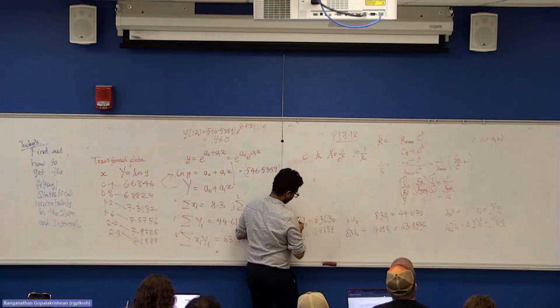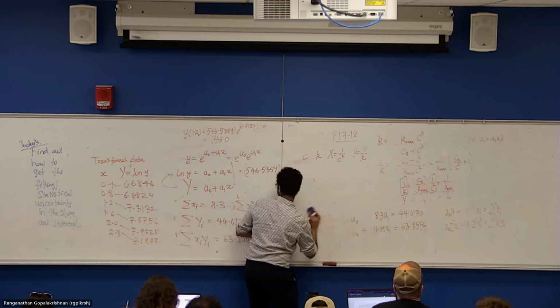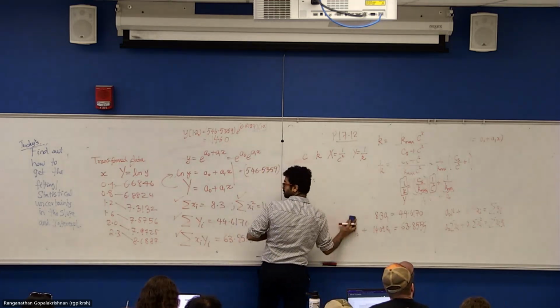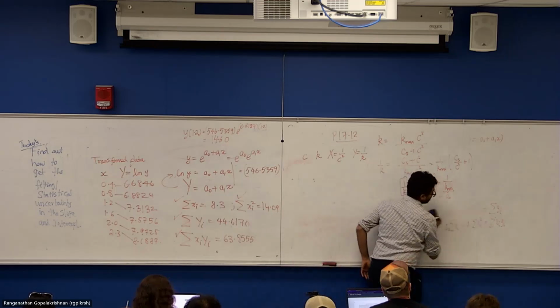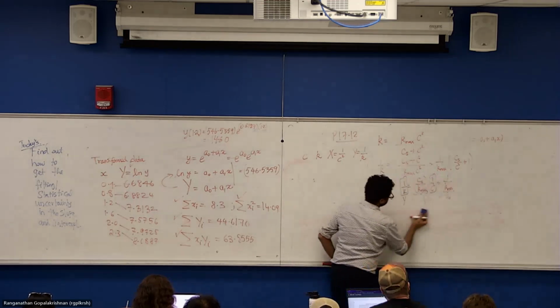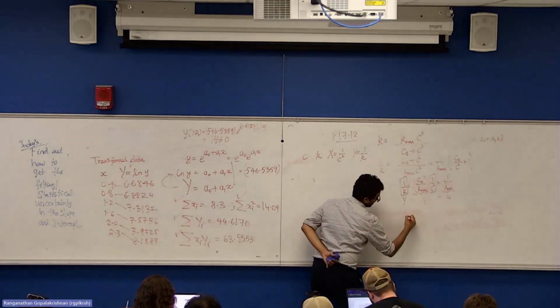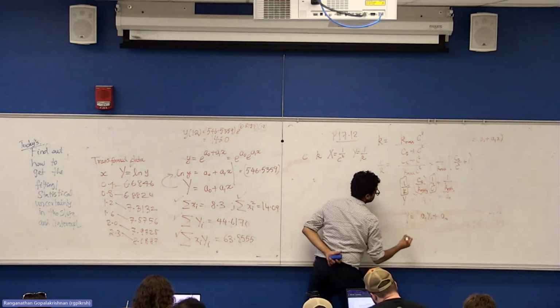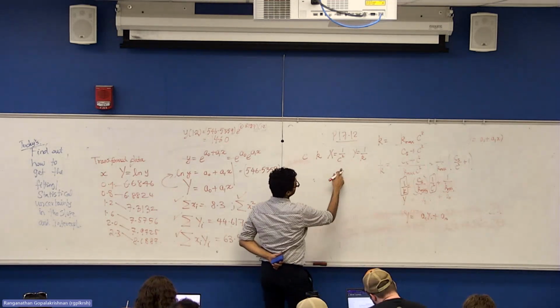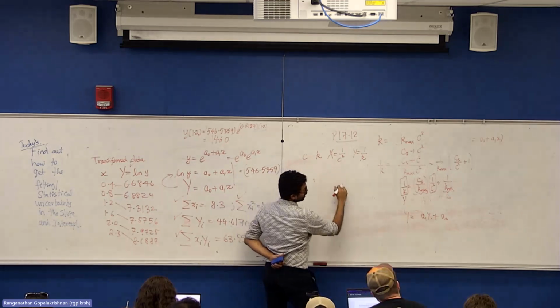Once I do that, I have y equal to a1x plus a naught. So y is 1 over K, x is 1 over C squared.